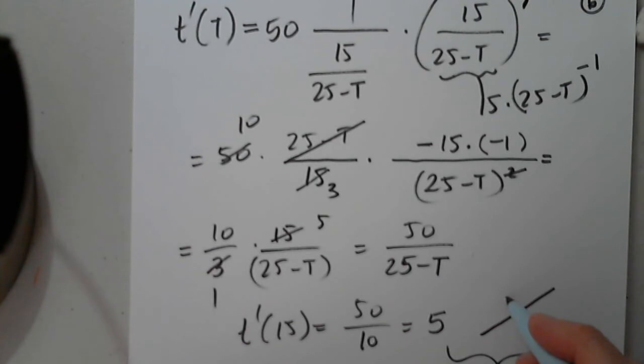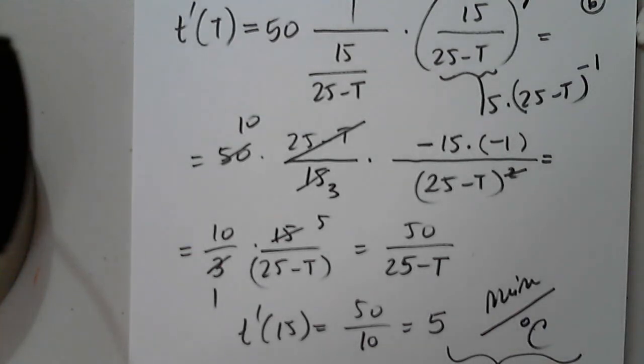The measurement unit of the y variable over the measurement unit of the x variable. What is the y variable measured in? Minutes. Excellent. What is the x variable measured in? Degrees Celsius. That's it. So this is the rate of change by 5 minutes per degree.